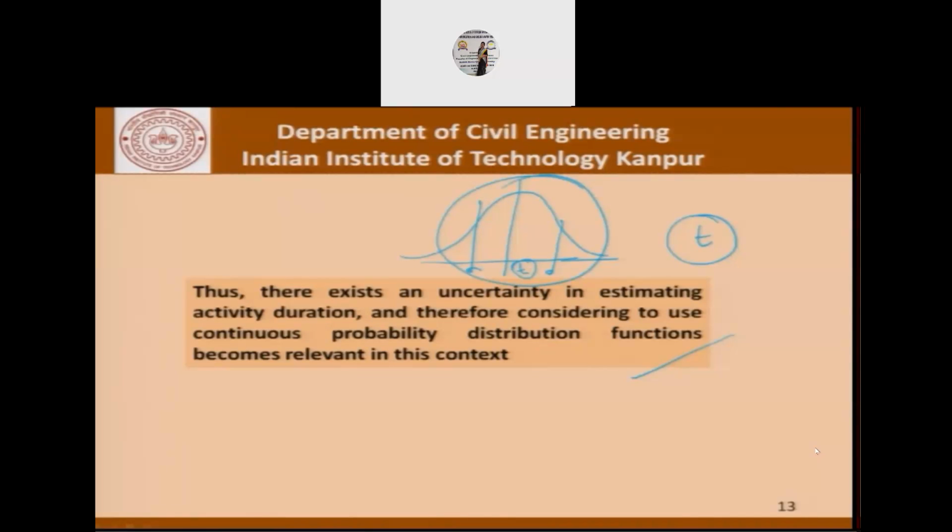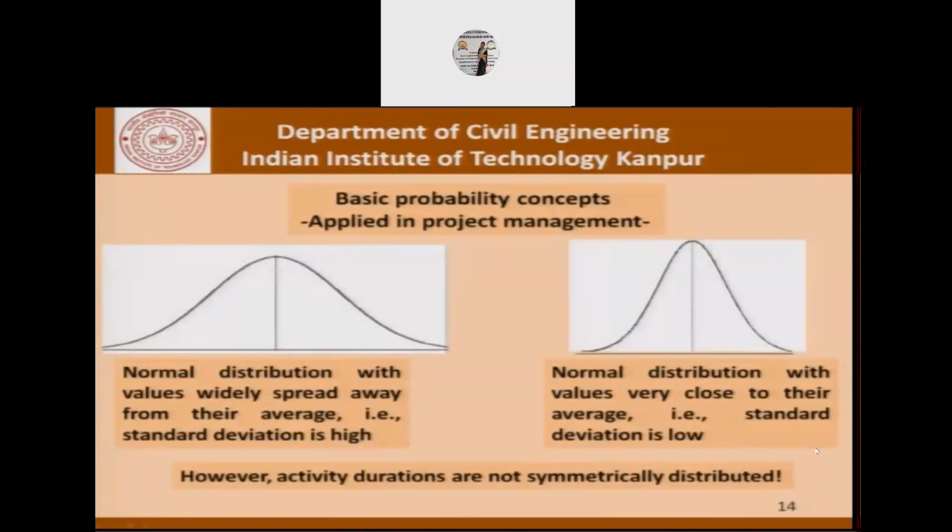So without going into the statistics of the whole issue, let's try to understand the basic story of the normal distribution. The normal distribution with values widely spread away from the average is the situation where the standard deviation is high. Compared to this picture, here is a situation where the peak is sharper, which means that the area in this part is closer to the mean.